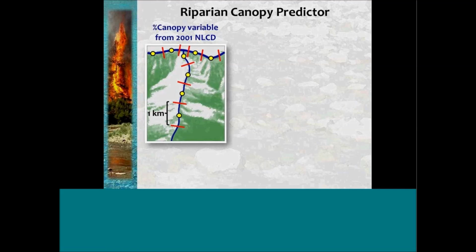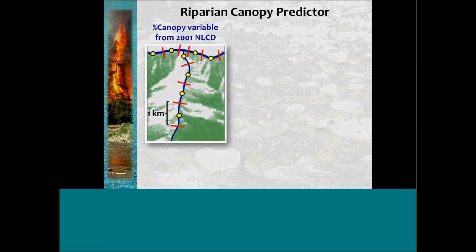I'm not going to spend a lot of time on this, but I did just want to quickly highlight the way in which we're representing this riparian canopy variable in our model, because people are starting to ask the question about how we tease out maybe management effects from the scenarios that you're creating.